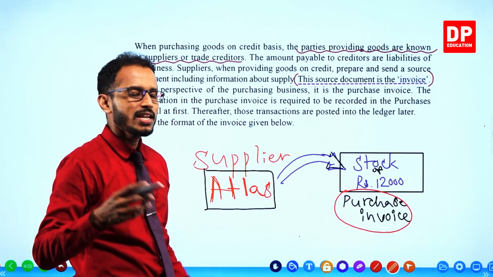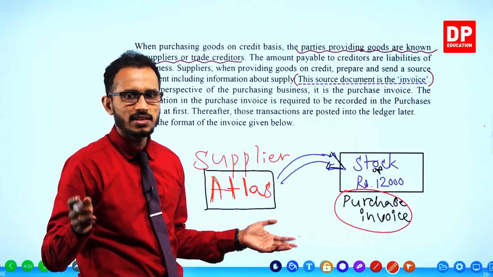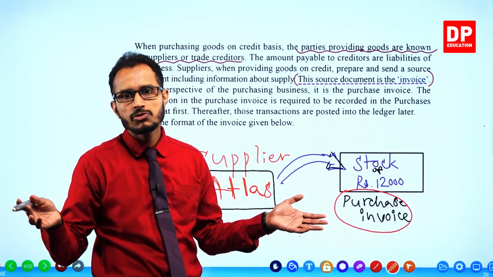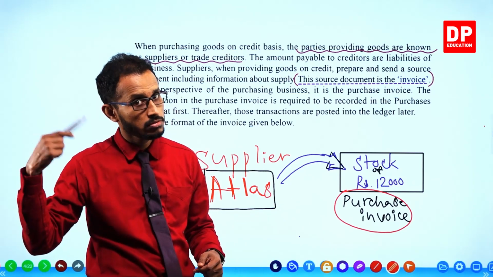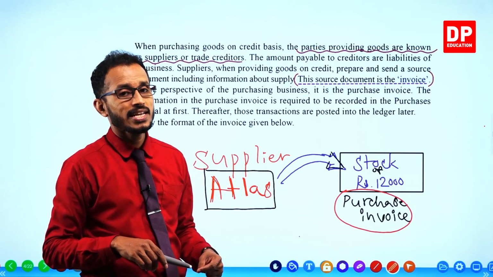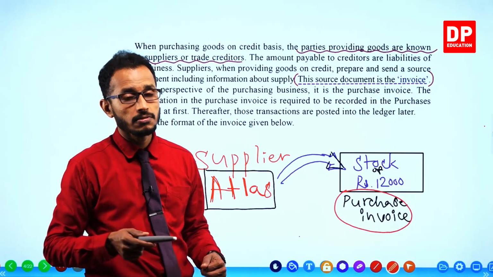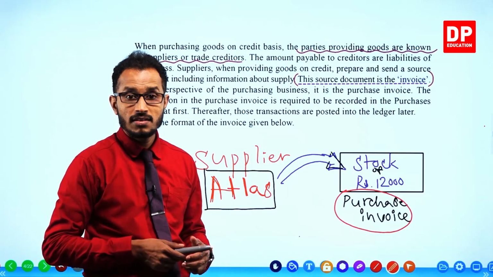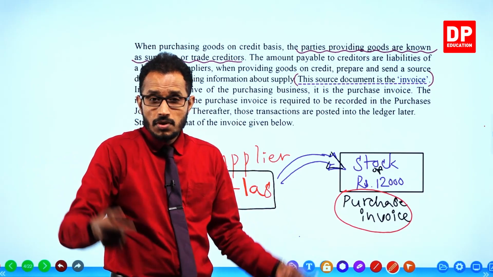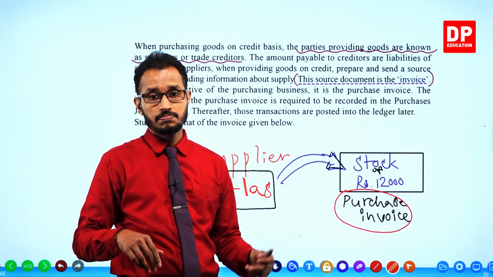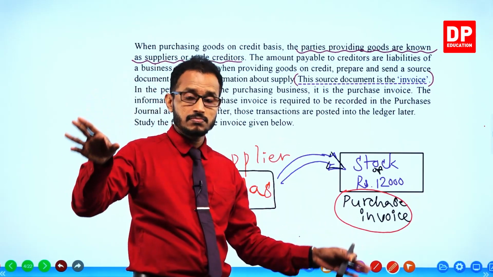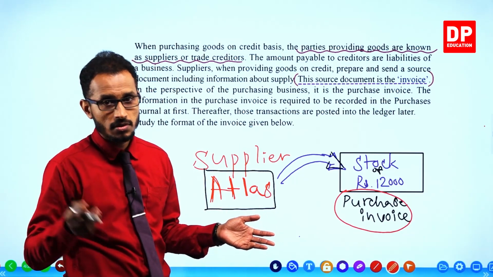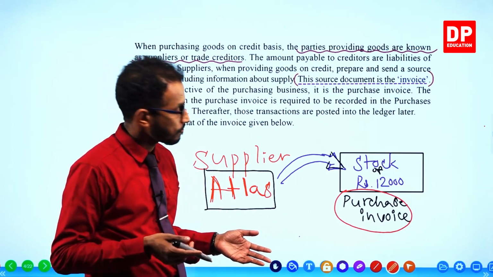We learned about purchase invoices and other invoices and receipts and vouchers and a variety of source documents in a previous lesson. Can you remember? You must remember these things. These are theory knowledge, the basic knowledge that you need.